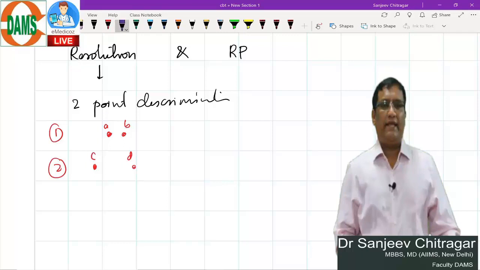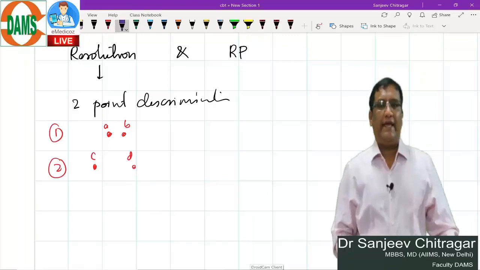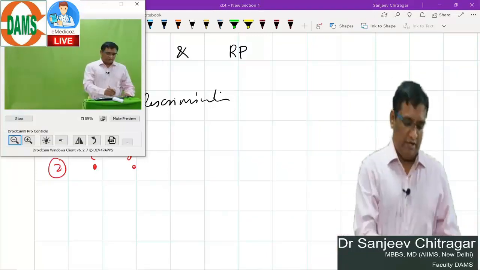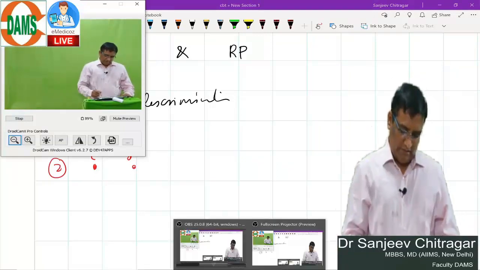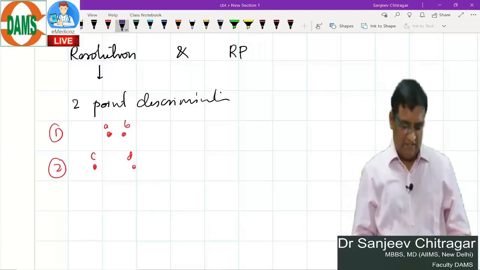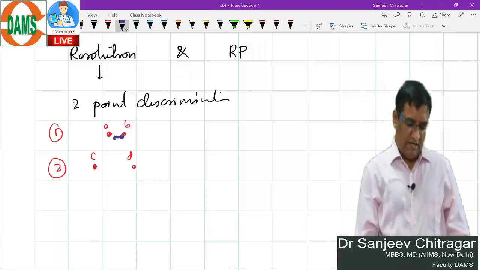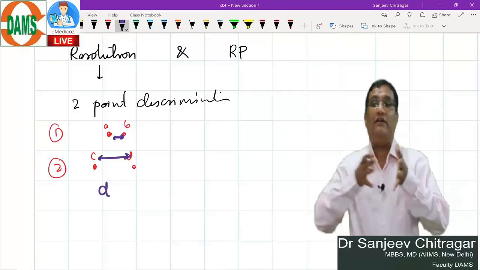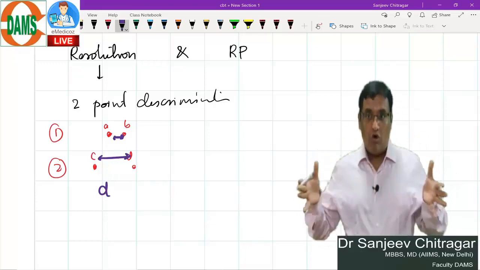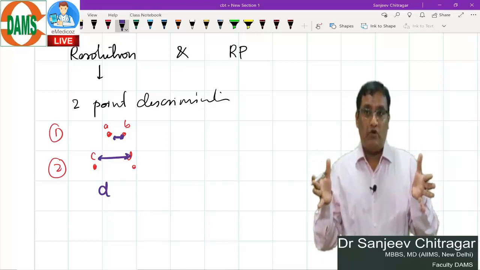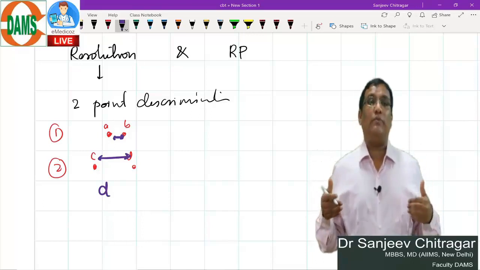So microscope 1's resolution is the distance between A and B, and microscope 2's resolution is the distance between C and D. This distance is represented as D. Obviously, the greater the D, that means if there should be more distance between two objects to be seen, the microscope is not better.